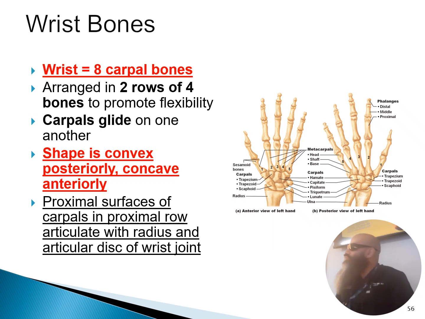So if you ever were to tear one of your wrist or carpus ligaments, it's a big deal. It's going to basically be the beginning of something that's going to affect you.